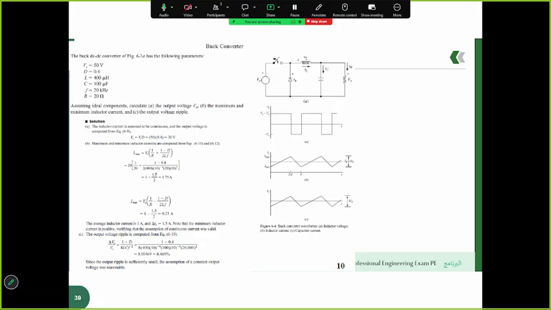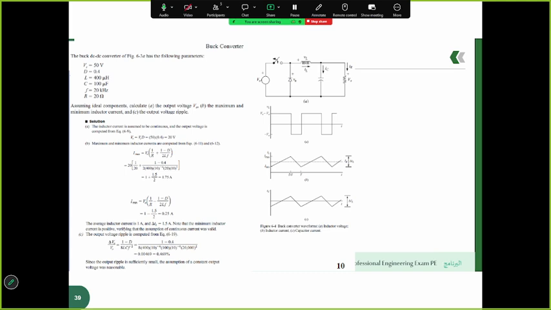Next, this slide calculates the inductor current characteristics assuming continuous conduction mode, CCM. The average inductor current is equal to the load current, which is I out is equal to VO over R, which is equal to 1 amp. The inductor current is not constant but has a triangular ripple.